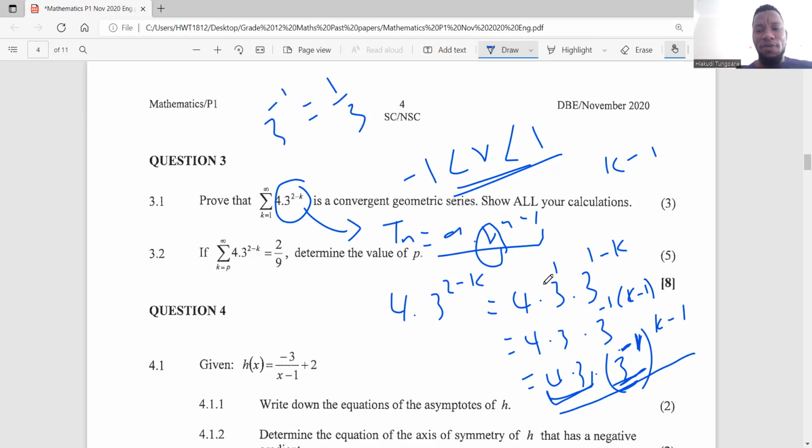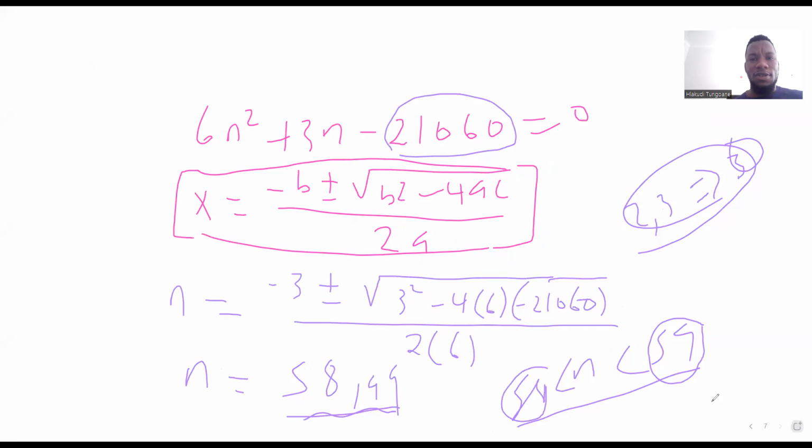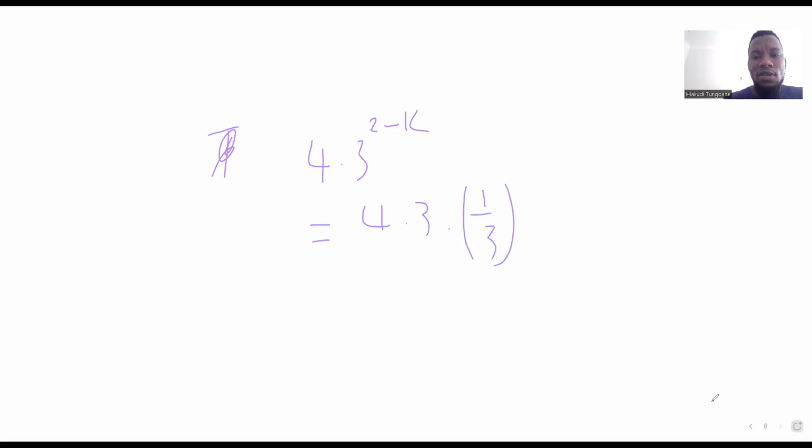So your formula is going to be Tk. 4 × 3^(2-k) is the same as 4 × 3 × (1/3)^(k-1).